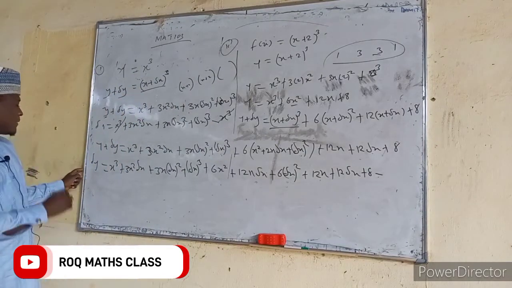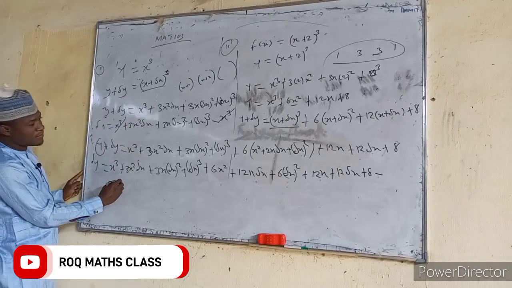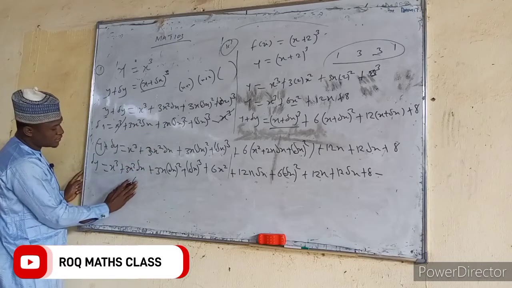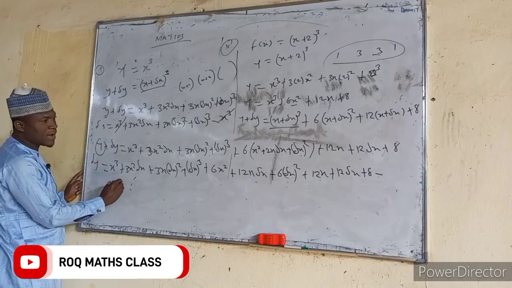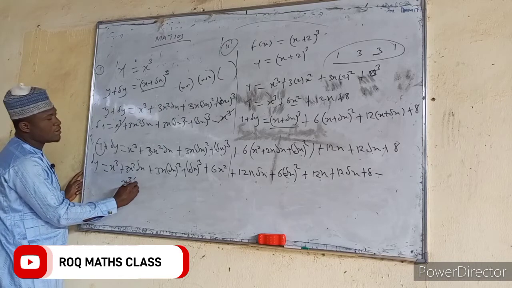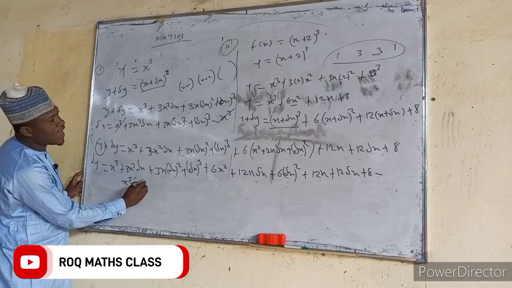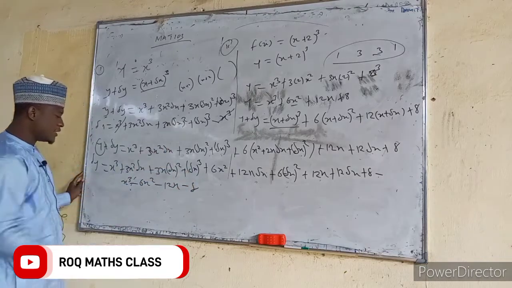What is our y? Our y is x cubed, so it will be minus x cubed minus 6x squared minus 12x minus 8.